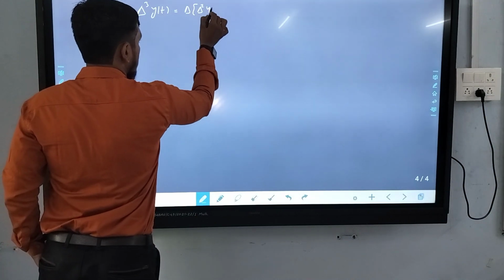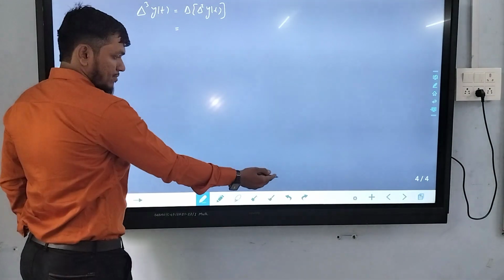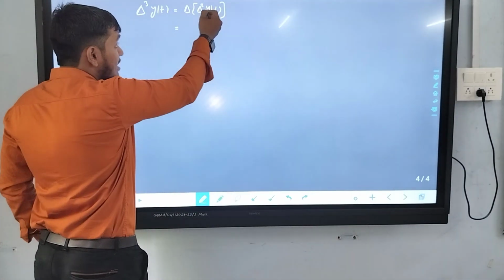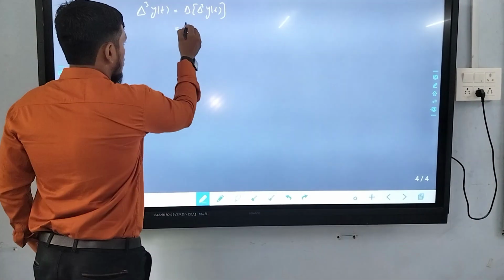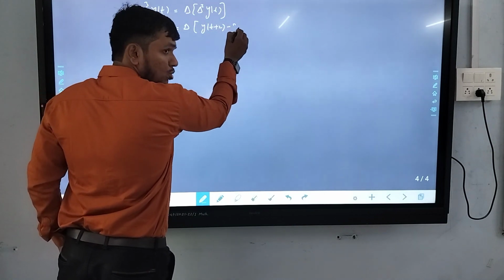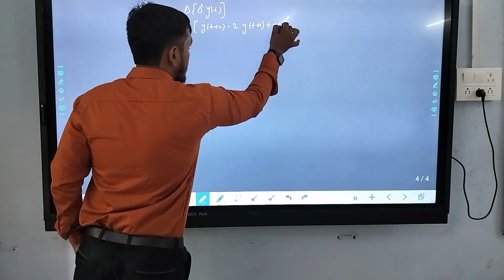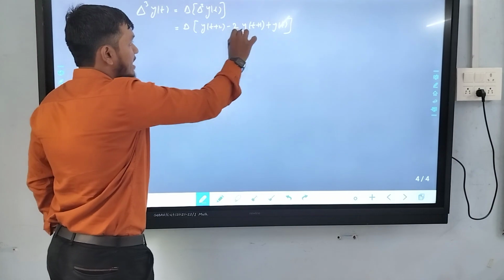From the previous slide, what is the value of delta square y of t? It is equal to y of t plus 2 minus 2 times y of t plus 1 plus y of t. Now operate this delta on each and every term.